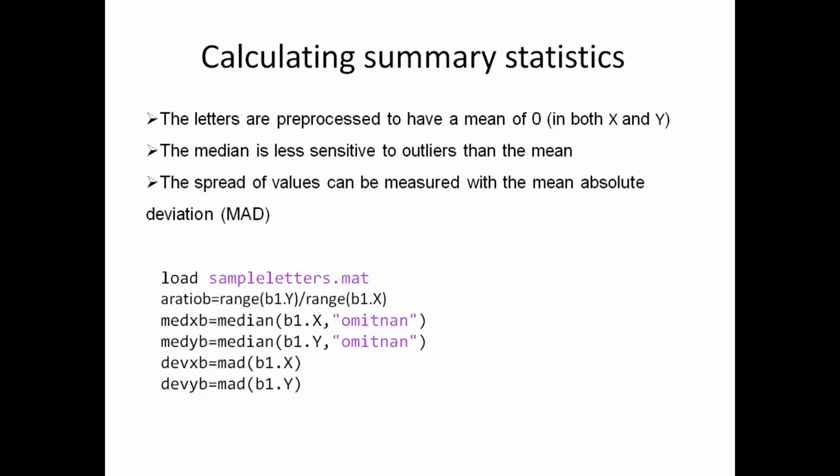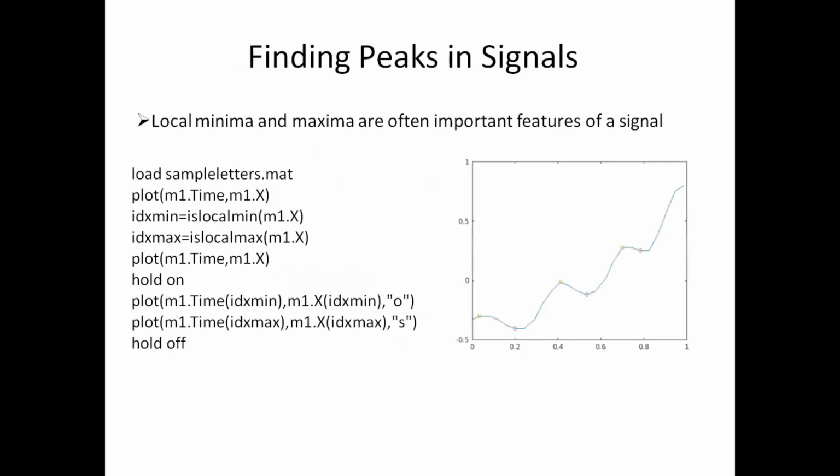All these calculations that are done in this program are for the alphabet B. The data that we are using here is the B1 data, that corresponds to the handwritten character B. When we are calculating the median, what has to be taken care of is to include this option to omit the NaN values, so that it does not affect our calculations.